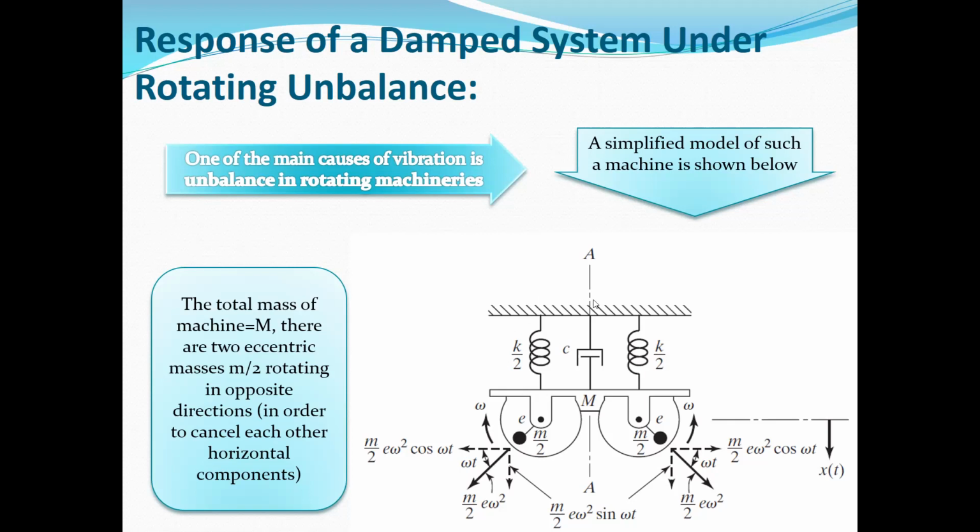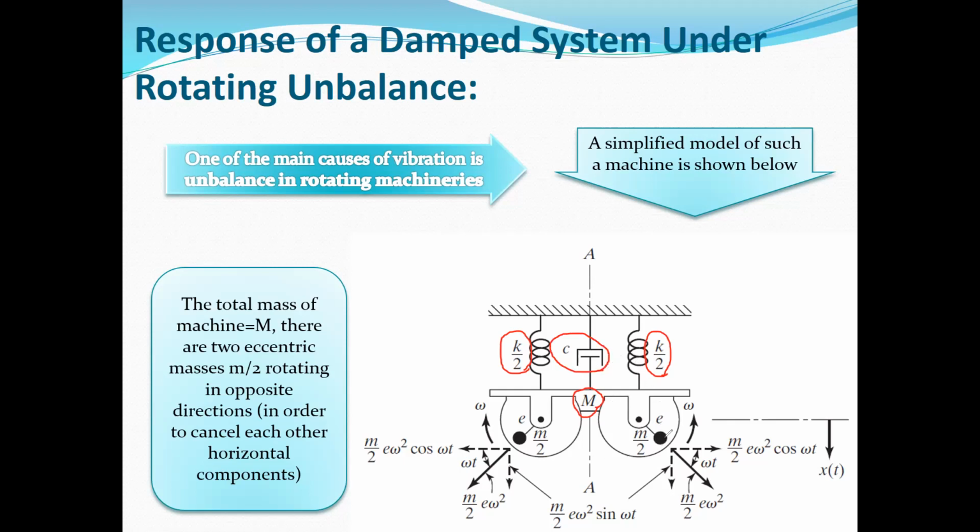Here you can see we have a system with total mass uppercase M, of course. The stiffness of the structure is K, so it means that we have one spring with stiffness K, or two springs with stiffness half K. We have a damping with coefficient C.